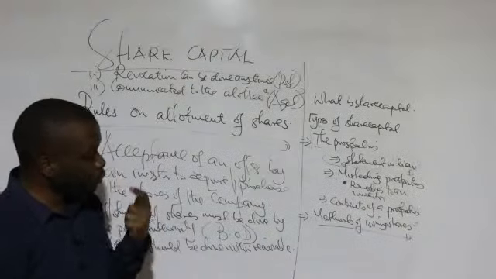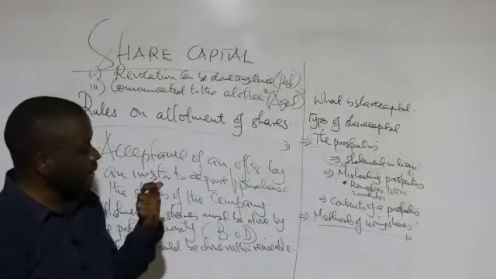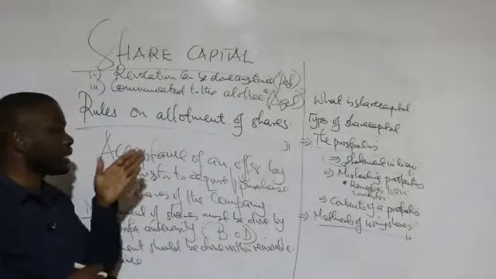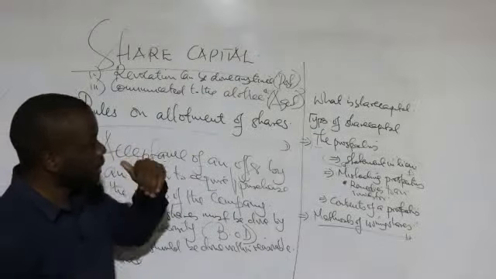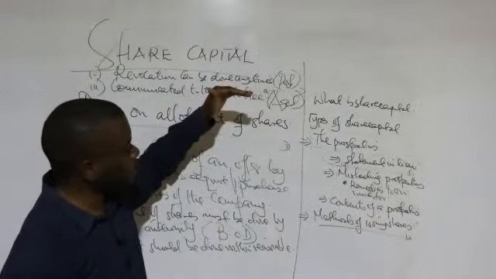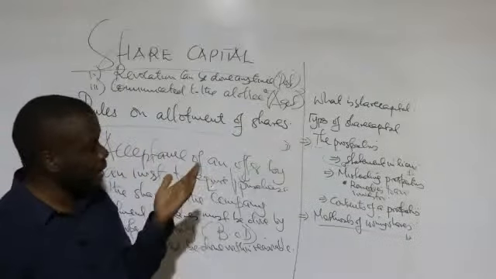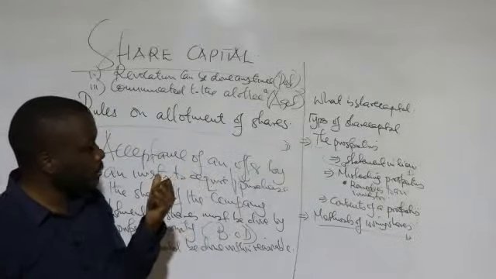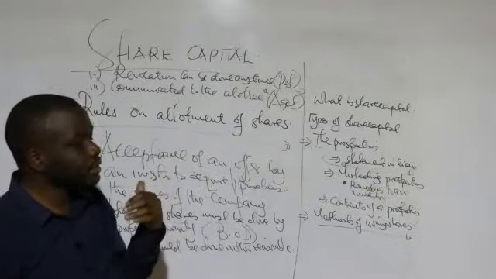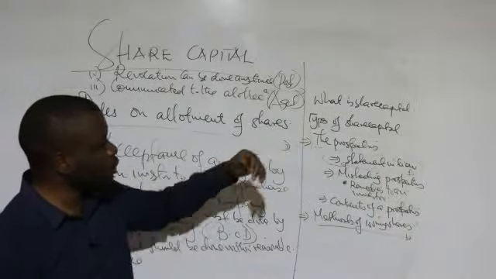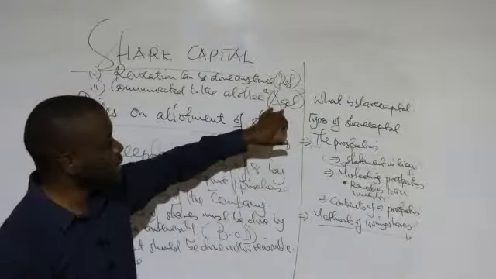It will be conclusive evidence that the company has allotted the shares. Therefore, there is a binding agreement between the investor and the company. But if the company sends out the letter through an agent, then the investor can revoke the application for the shares anytime, and the allotment won't be valid, because the letter is still with the agent.